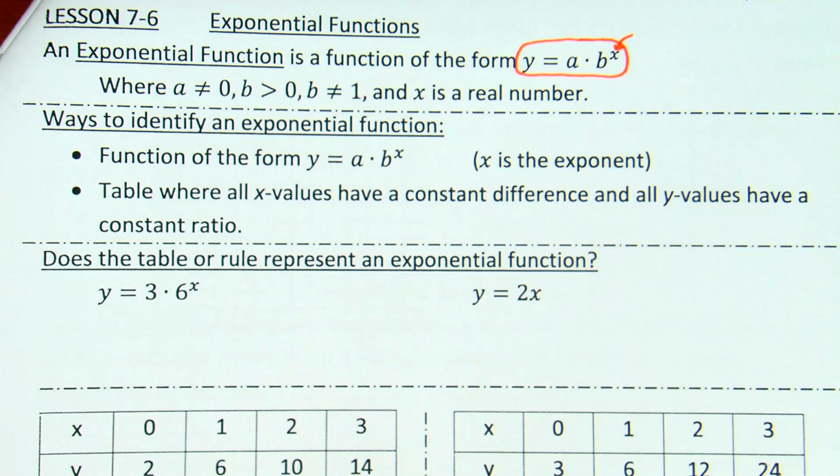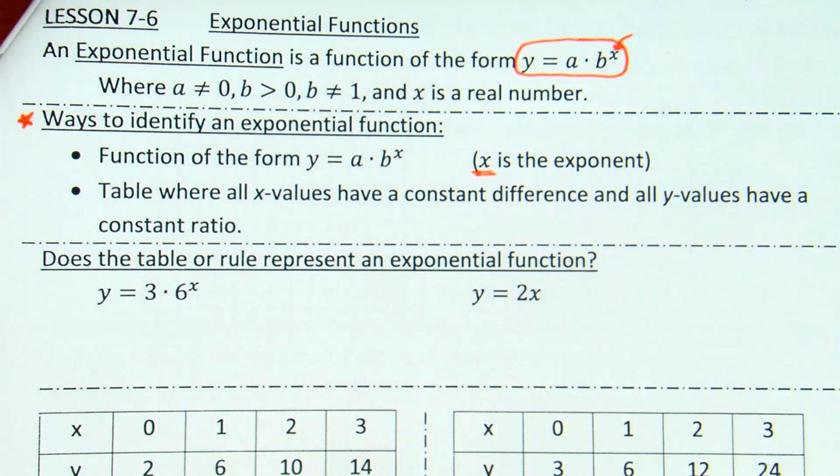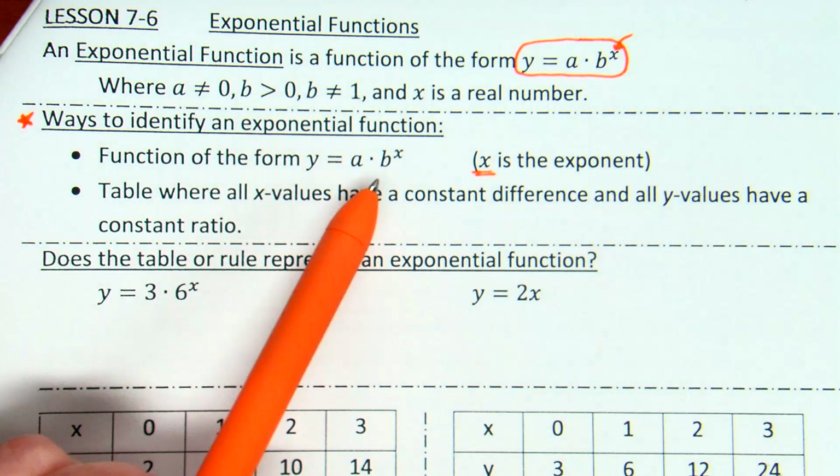So, ways to identify exponential functions. First of all, it's of the form y equals a times b to the x, and important there, x is the exponent. If it's an equation, that makes it easy: x in the exponent.